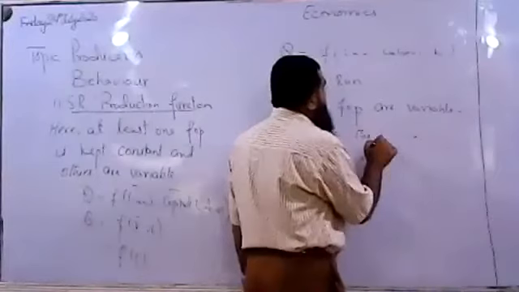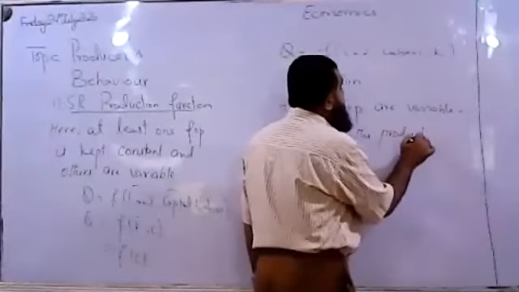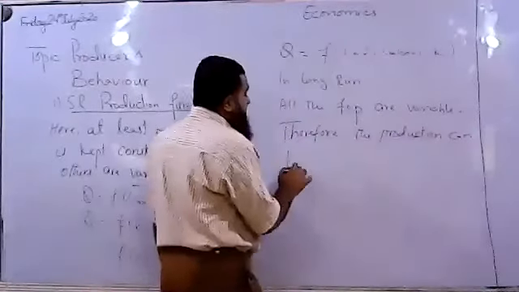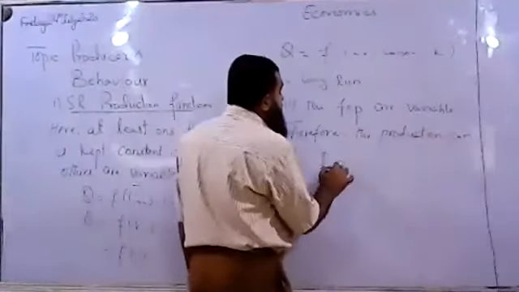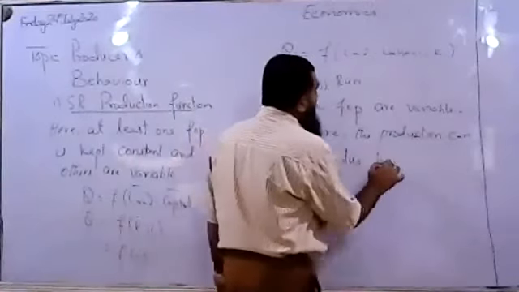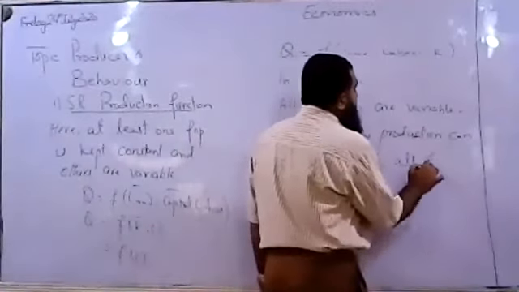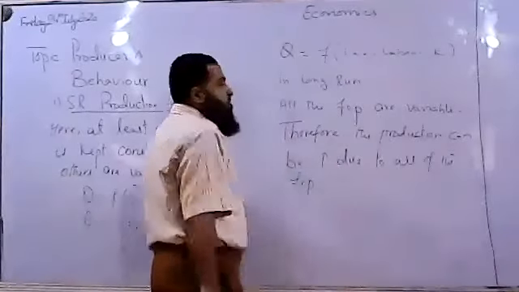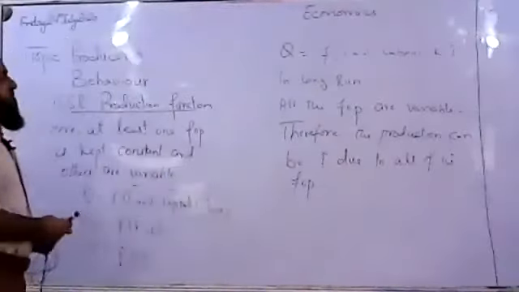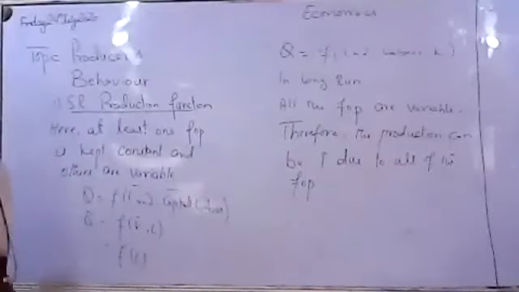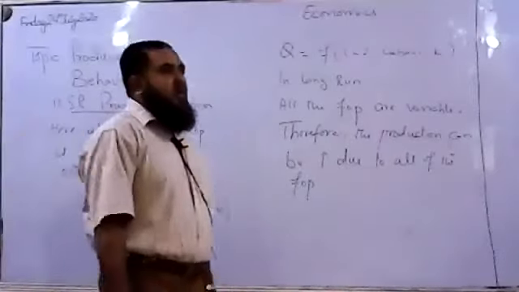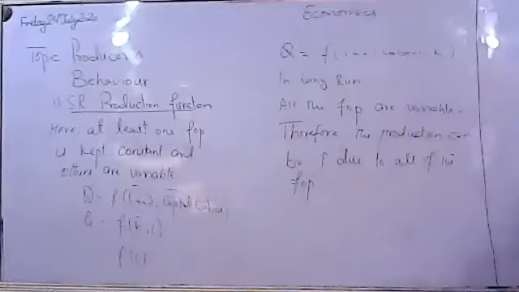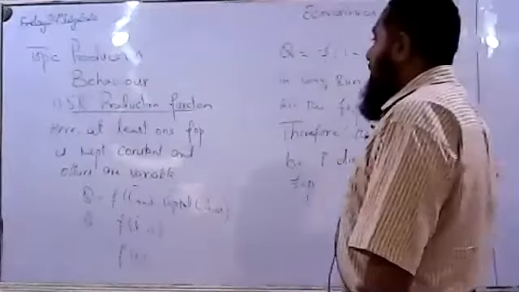Therefore, the production can be increased due to all of the factors of production in long run. Nothing is kept fixed. Capital size has also increased, land size has also increased, labor is already variable. So we say when all factors of production become variable, then this is called a long run production function.